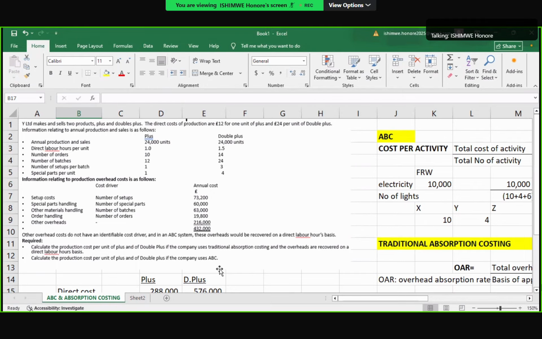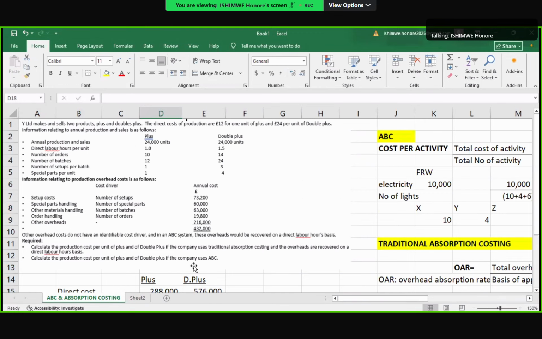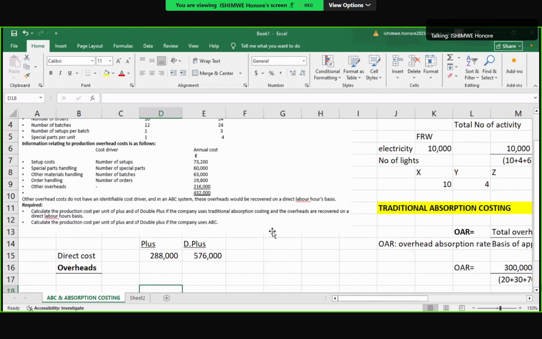We don't use it for direct cost, we use it only for overheads. We can say it is the overhead accounting system that helps us to apportion the overheads to their respective cost centers. It has different principles. We know what ABC uses, and we know what absorption costing uses. That's another way we can define these two systems, traditional and ABC.